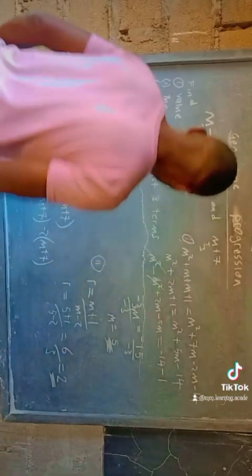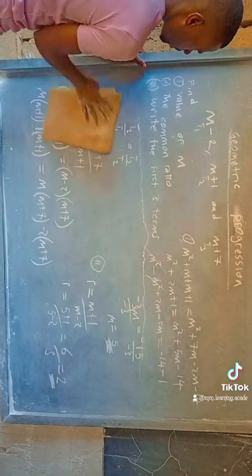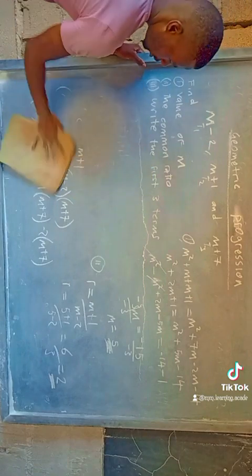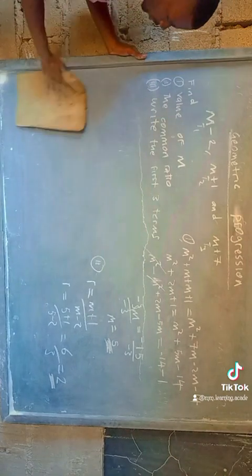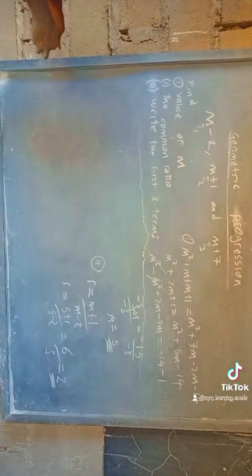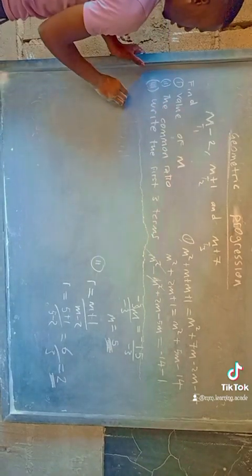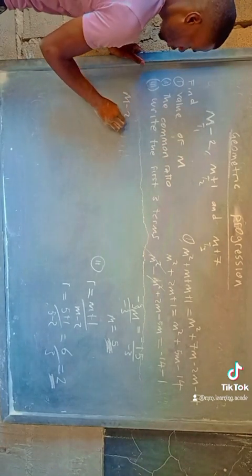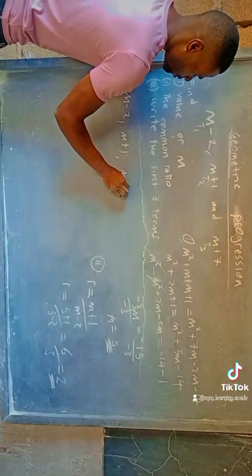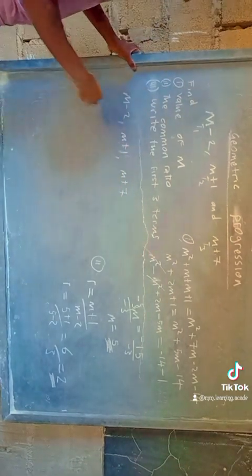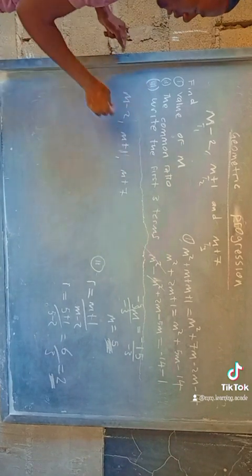Then the last one says we need to write down the first 3 terms. Writing down the first 3 terms is easy. The terms are m minus 2, m plus 1, and m plus 7. We already know that m is 5.